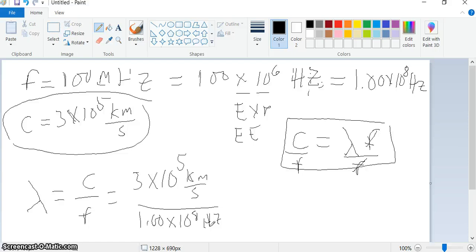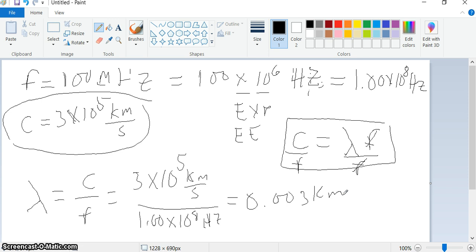All right, and so I hit enter, and I get an answer of 0.003 kilometers. So that's the size of this wavelength.